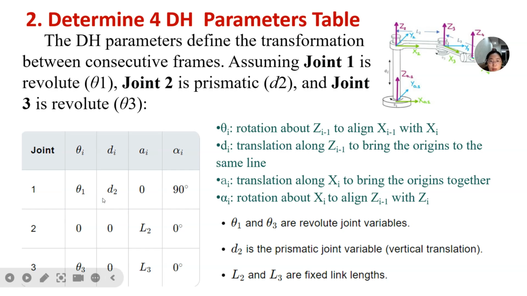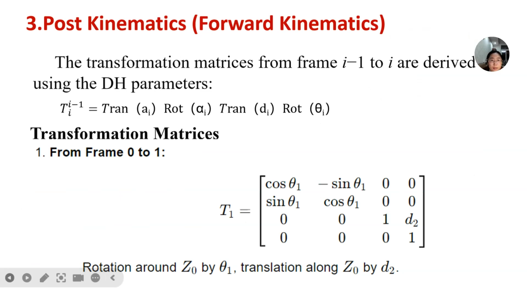D2 is the prismatic joint variable, and L2 and L3 are fixed link lengths. Step 3, forward kinematics.